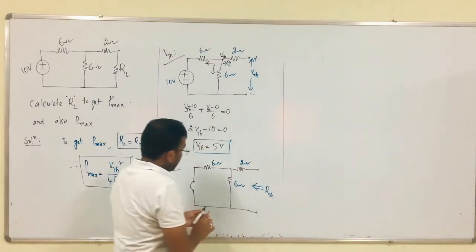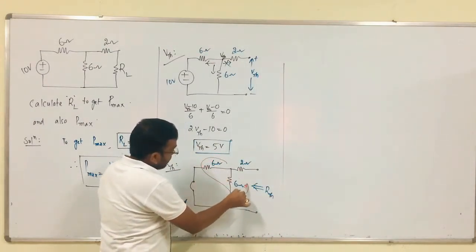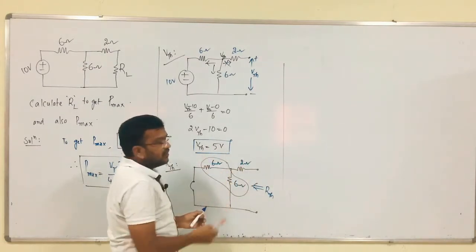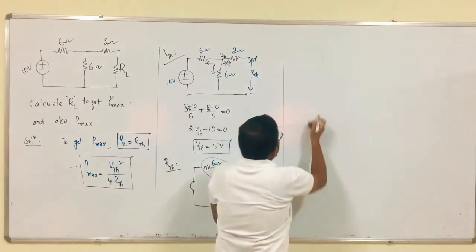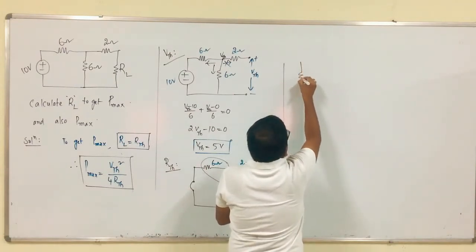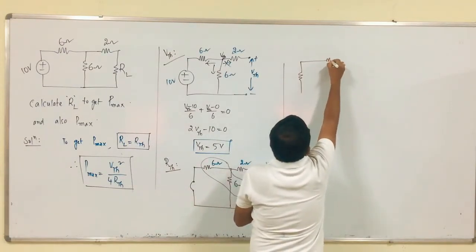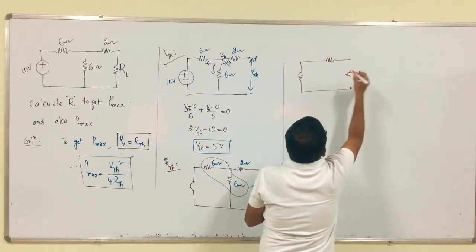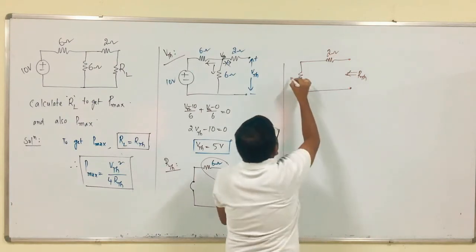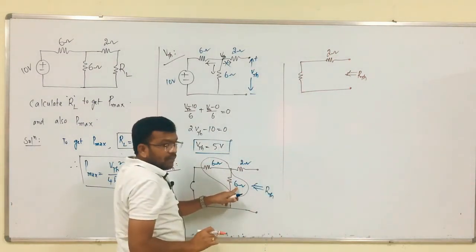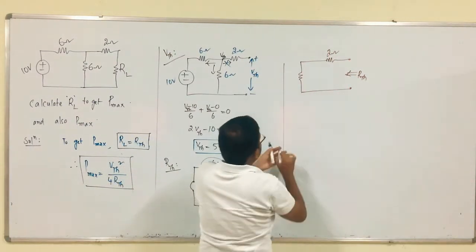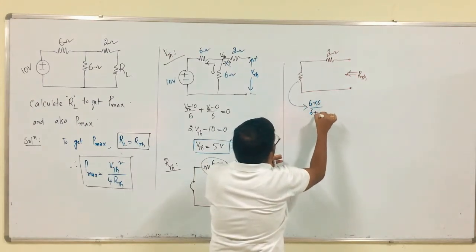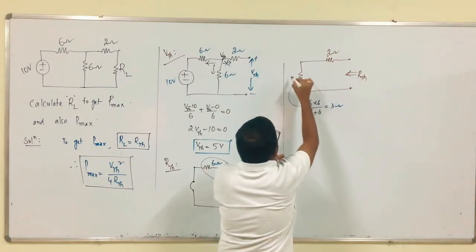These two are connected in parallel and this whole combination is connected in series with the 2 ohm resistance. So, this is RTH, this is 2 ohm, and this is 6 into 6 by 6 plus 6, which is equal to 3 ohms.